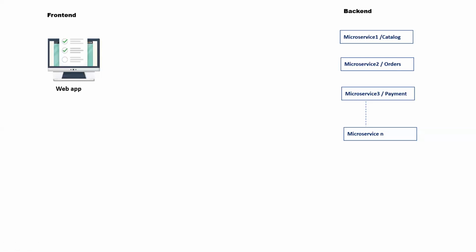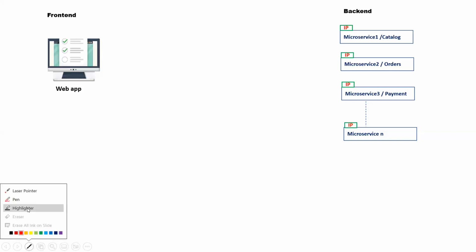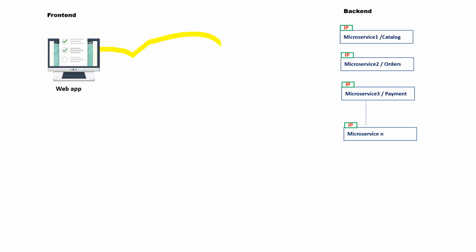This means the services should be exposed publicly to the front end applications, which also means I need public IPs. Otherwise it won't be connected.